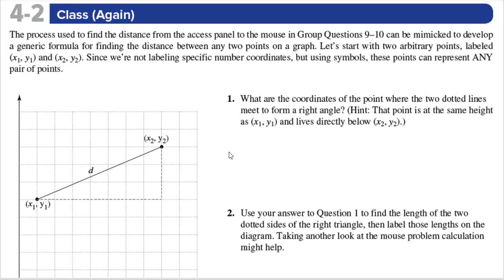Okay. So first, question number 1. What are the coordinates of the point where the dotted lines cross? And obviously you can't put down a number because we don't have any scale. So we're just working with variables. So we want to look at the value of this.